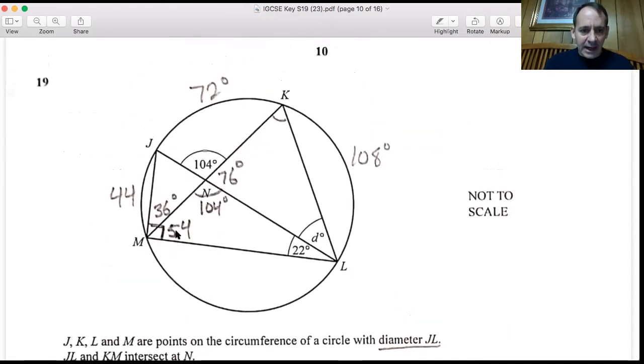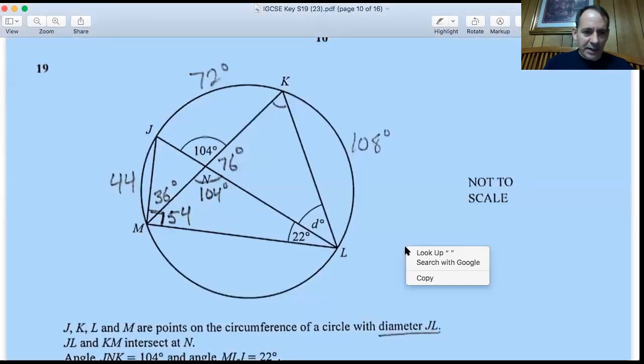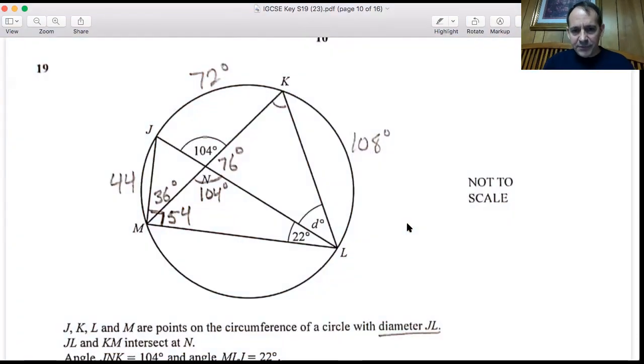Now, notice I wrote a few other numbers down here, and that's because when I'm looking at a diagram, before I figure out the actual value of D, I'm just writing down everything that I see. This 22, when you multiply an inscribed angle by 2, that's the arc, so there's 44. Here's the 54 that opens up to the arc, so multiply that by 2, that's your 108.